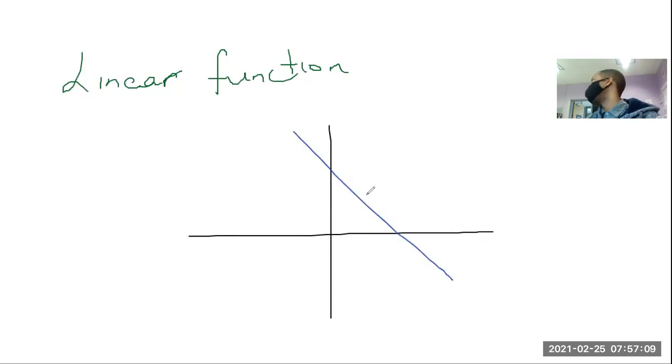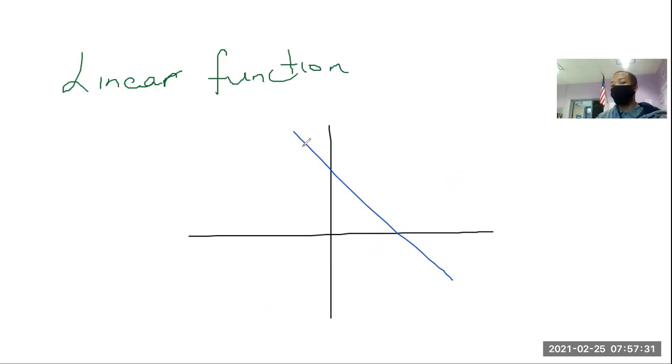That's a linear function. Or that's a linear function. That's supposed to be a straight line. Basically, all the straight lines are linear functions. And if we test this, we realize that it is a function if we do the vertical line test through it.